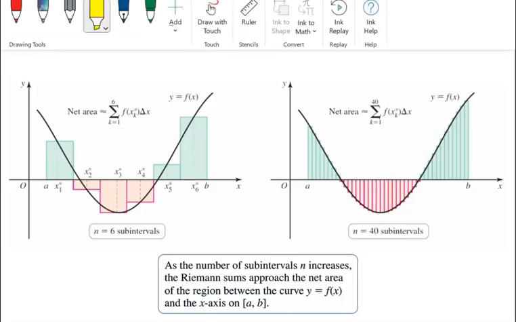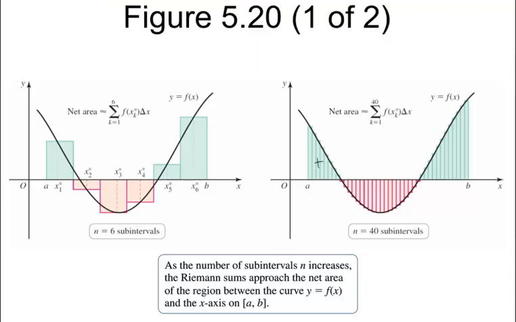So the idea here, and here is your process again, where you'd have n rectangles and then you take them to infinity. The idea here would be that this is positive, which makes sense to us, that's area. This is positive, that makes sense to us, this is area. But this would actually be negative, which we wouldn't really call area, but we're going to use a net area idea, and this is a negative area.